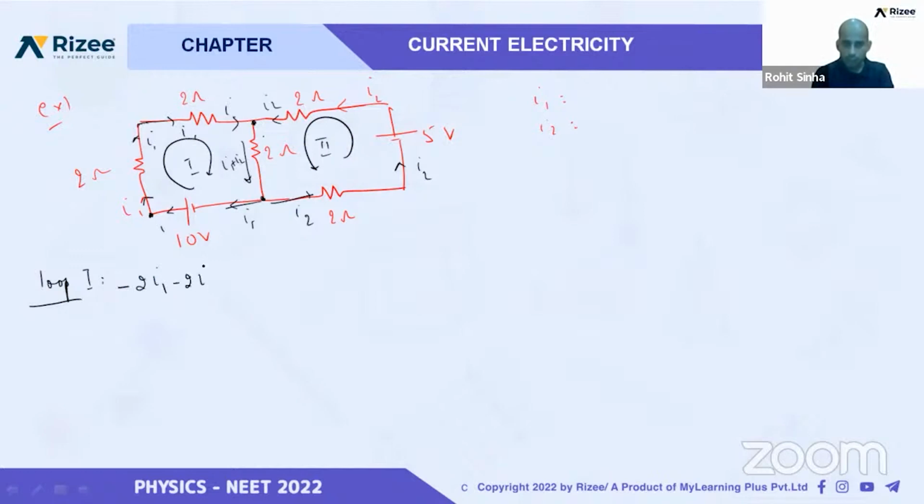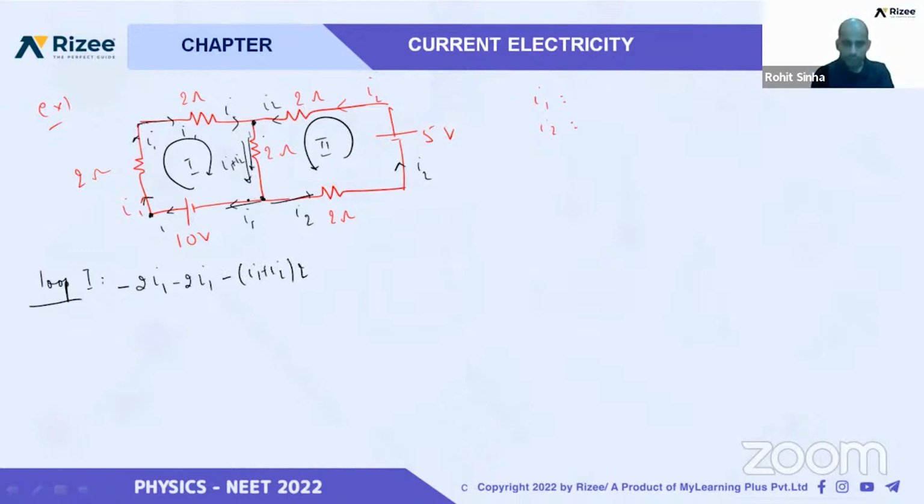Minus 2 into I1 here. Now at this point we will go down, again along the direction of current, and we are moving in this direction only. Then again minus sign. We will write I1 plus I2 into 2 ohm.